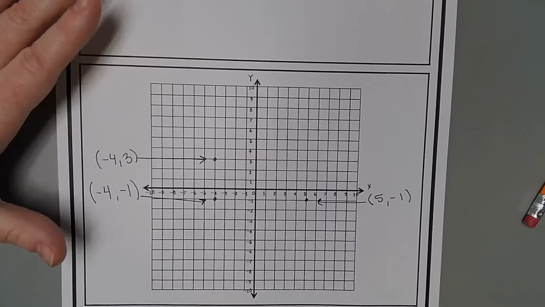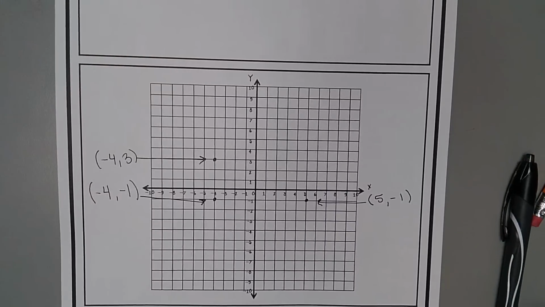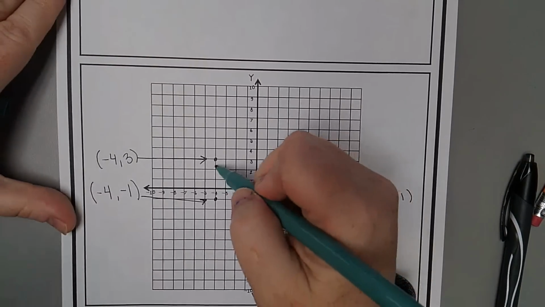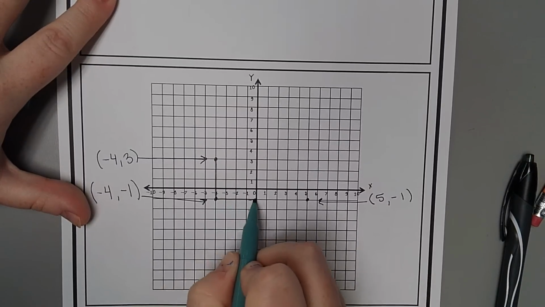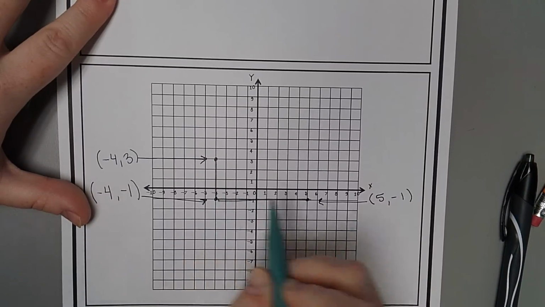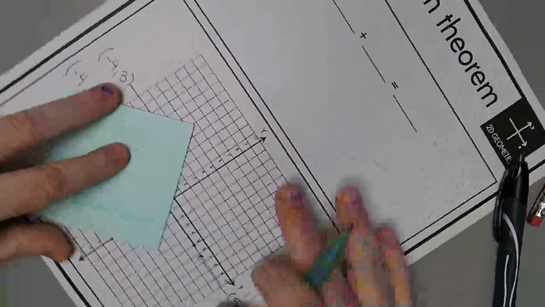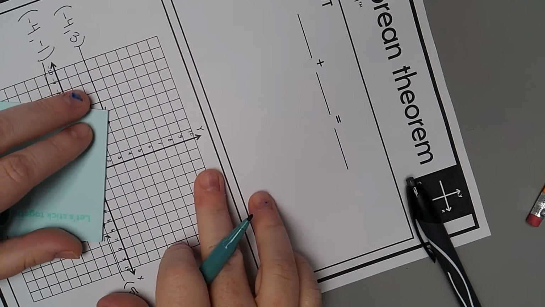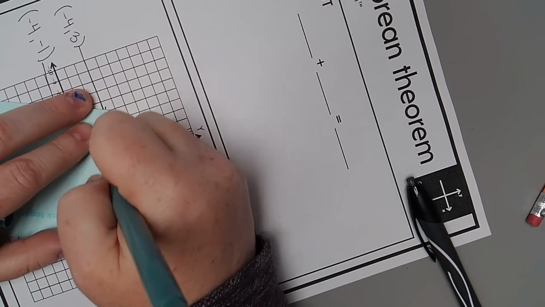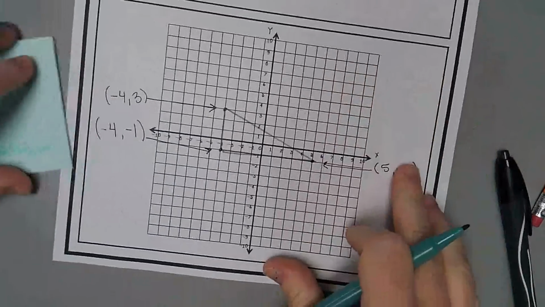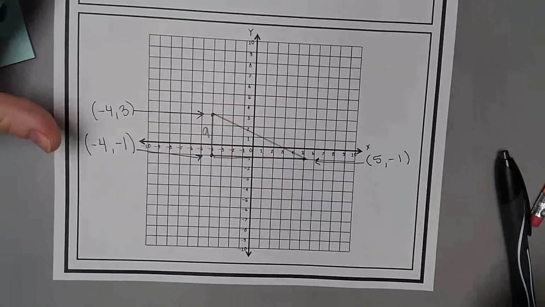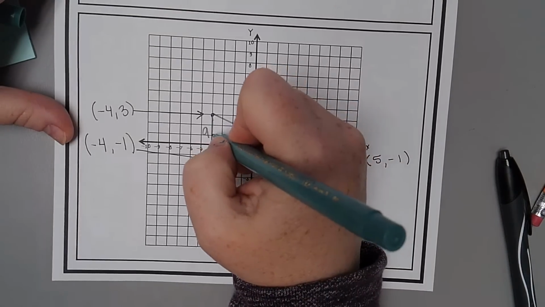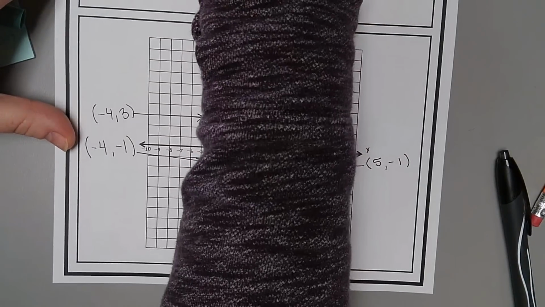If I draw my triangle, I'm going to use a marker. We are able to find the lengths of all of these sides using our formula. So we have A. A is a distance of 1, 2, 3, 4.